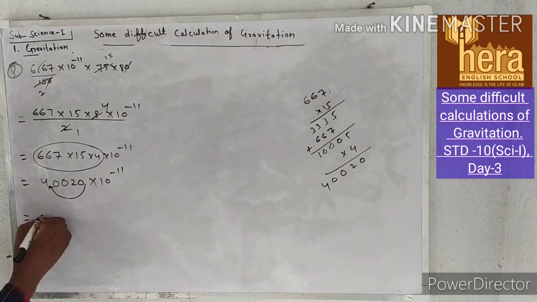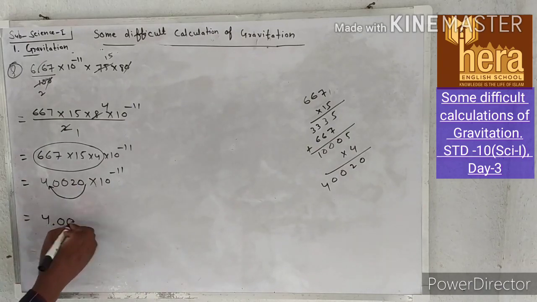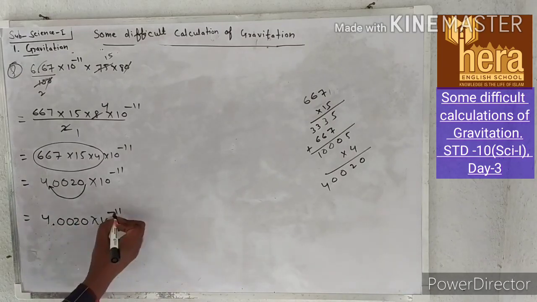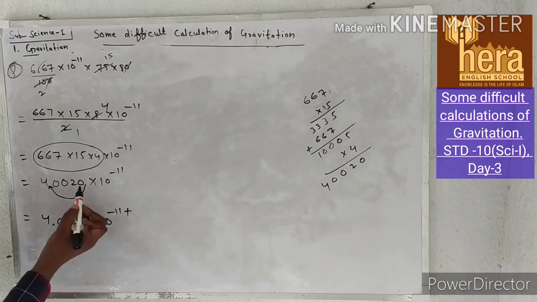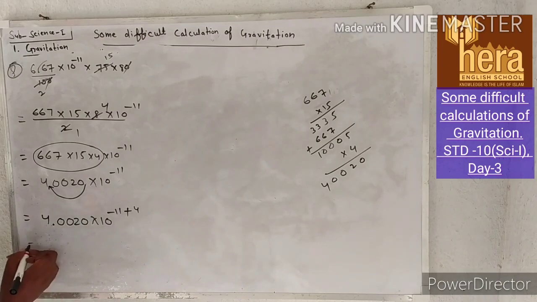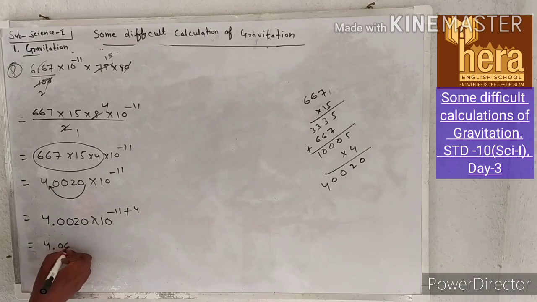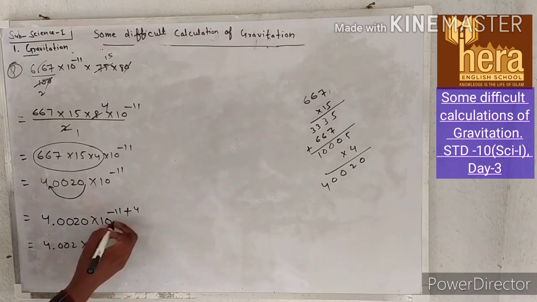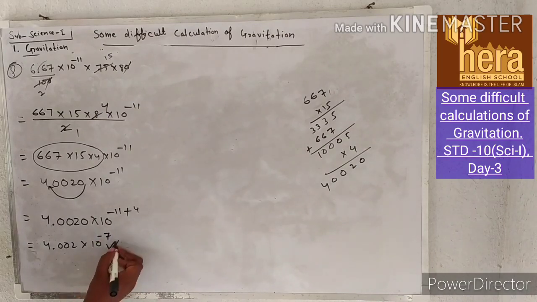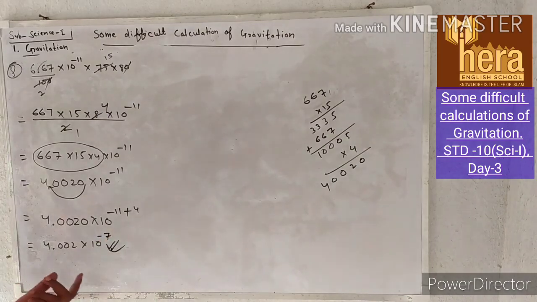So this will be equal to 4.0020 into 10 raised to minus 11. Plus or minus? Plus, since you have shifted the decimal from right hand side to left hand side. How many digits? 1, 2, 3, 4. So you have to add plus 4. Now there is no meaning of 0. So this will be equal to 4.002 into 10 raised to minus 11 plus 4, that is equal to minus 7. Now this is in scientific notation. I hope now this is easy, very easy.